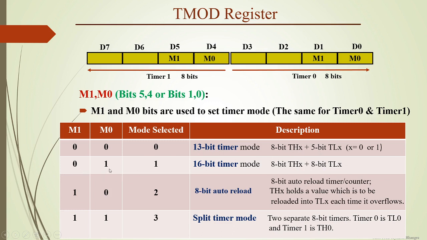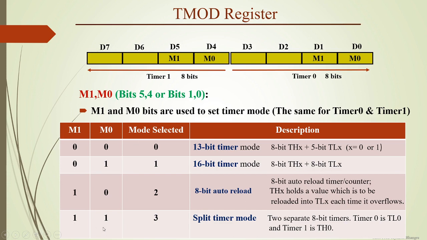When M1 is 0 and M0 is 1, mode 1 is selected and that is configured as a 16-bit timer, in which 8 bits from THX and 8 bits from TLX are used. When M1 is 1 and M0 is 0, mode 2 is selected, which is 8-bit auto reload, in which THX holds a value which is to be reloaded into TLX each time it overflows.